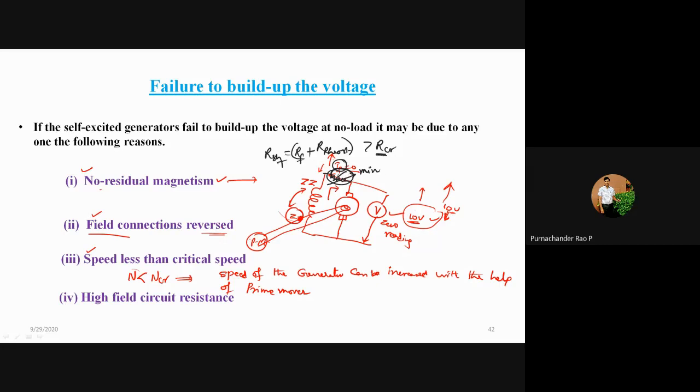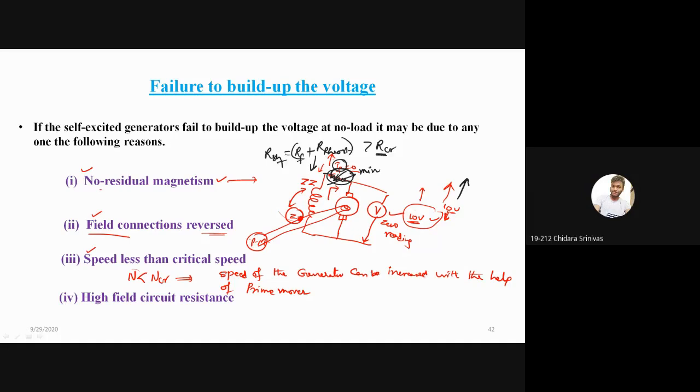So reduce the resistance below the critical field resistance. Then you will see a buildup of the voltage. So these are the main four reasons for not building up of the voltage in shunt generators. Is it clear?